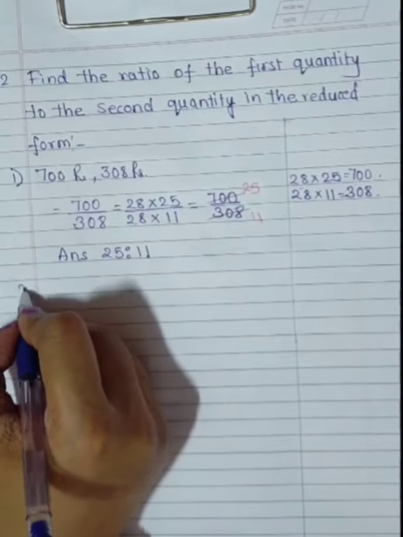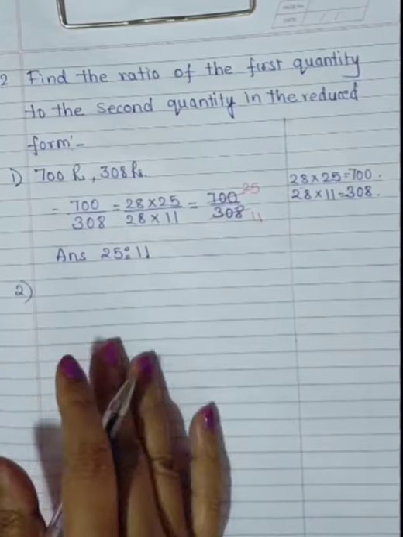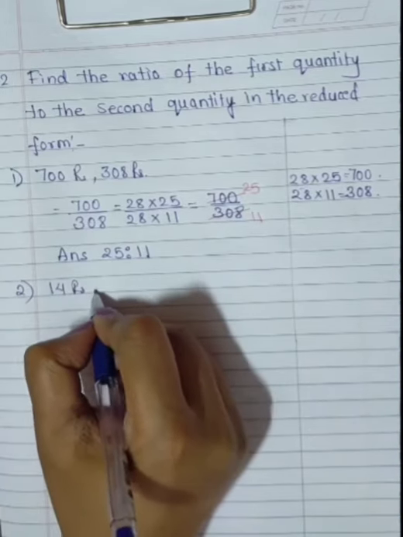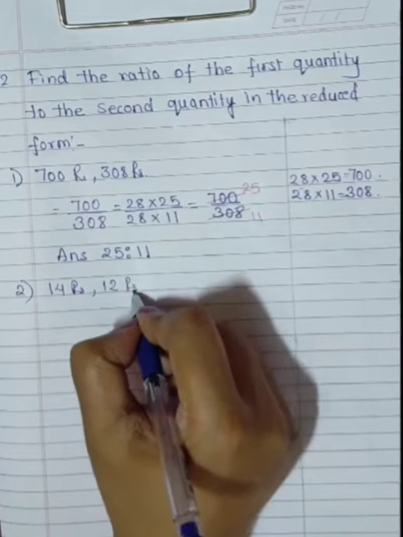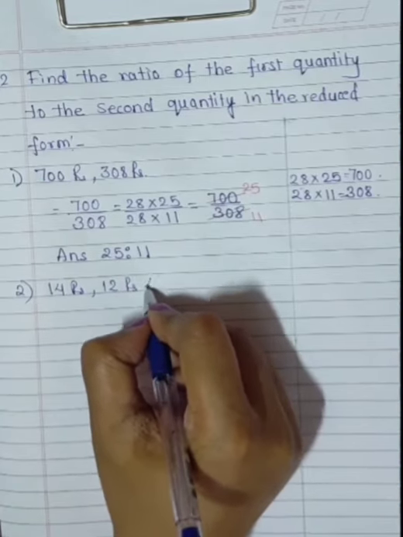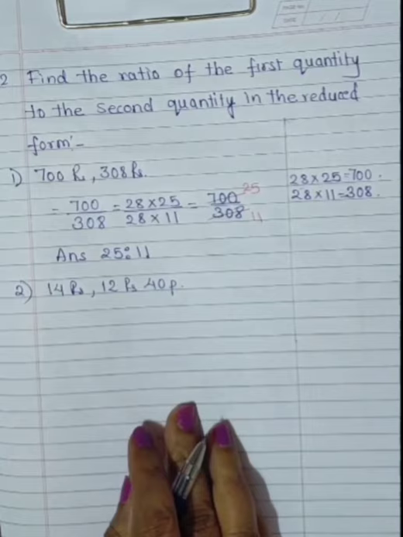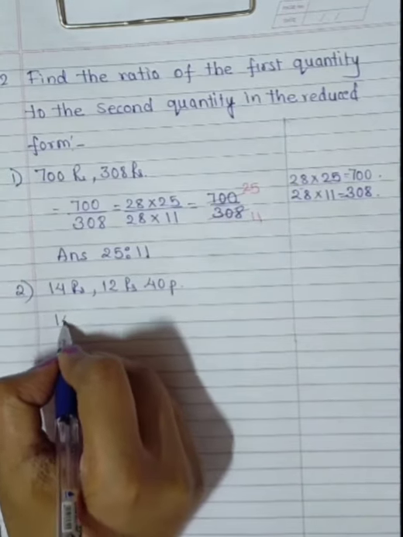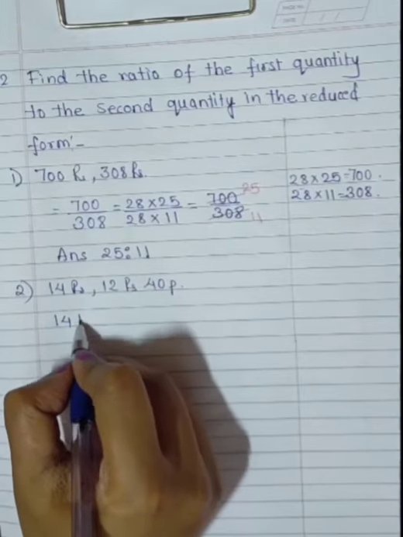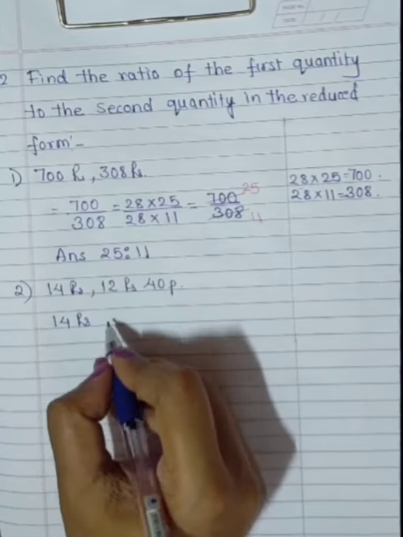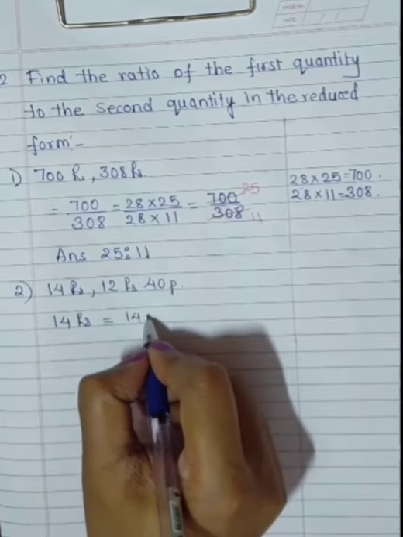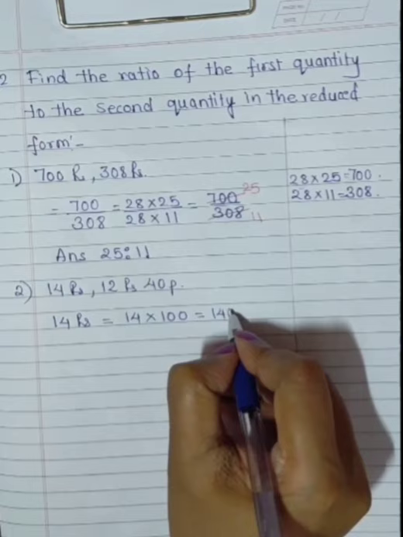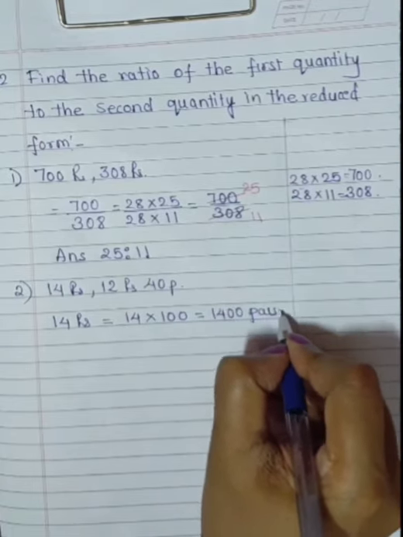Now the second question I am writing, that is 14 rupees and 12 rupees 40 paise. As you know, 1 rupee is equal to 100 paise. So we'll multiply 14 with 100 first, then we'll get 1400 paise.